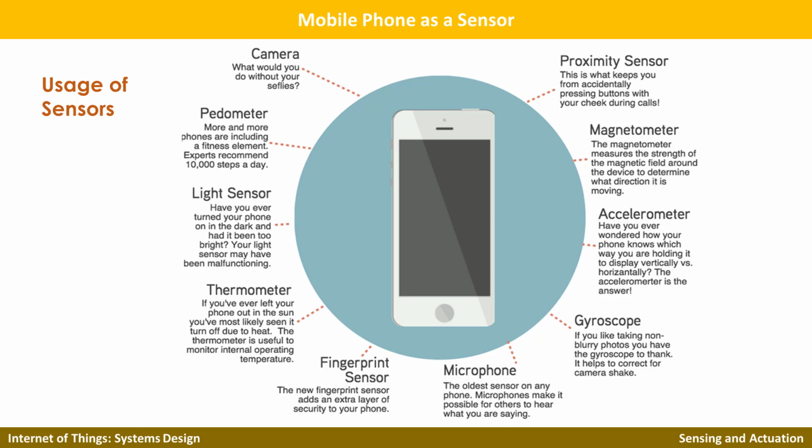The magnetometer measures the strength of the magnetic field around the device to determine what direction you are moving. The accelerometer helps the operating system determine whether you are holding the display vertically or horizontally. The gyroscope is used to de-blur photos by identifying and correcting camera shake.